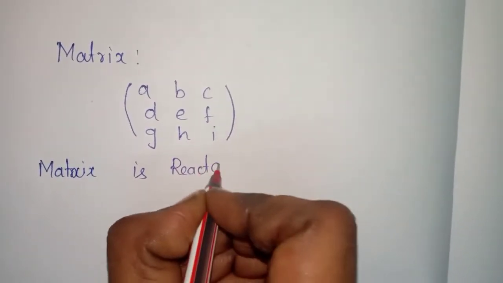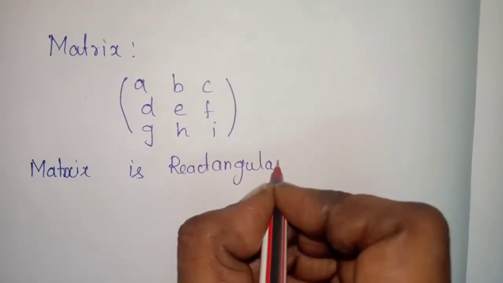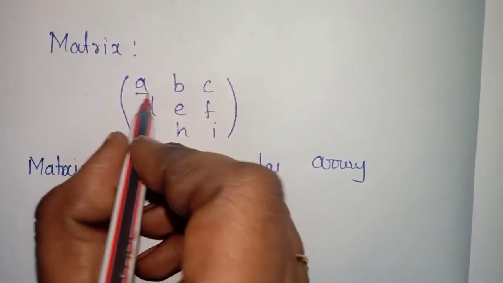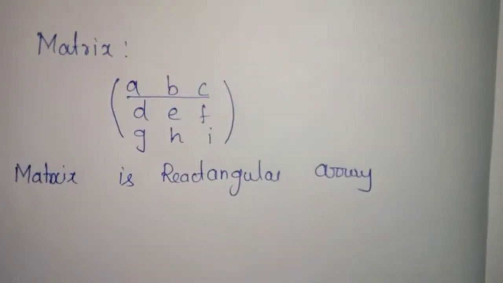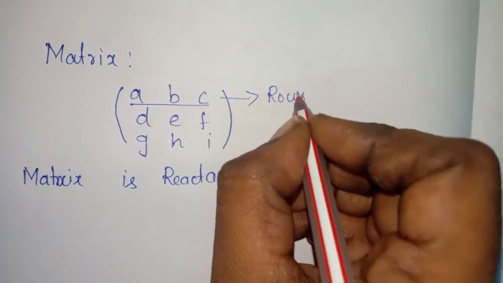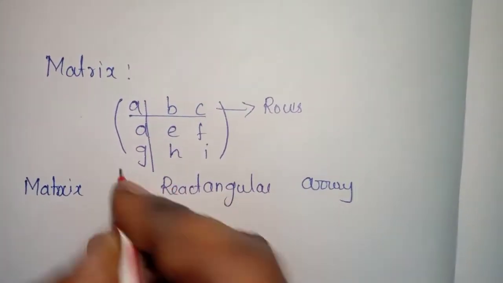Matrix is a rectangular array. The horizontal elements are called a row. The vertical elements are called a column.